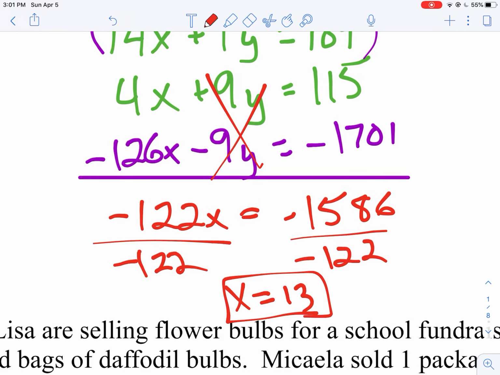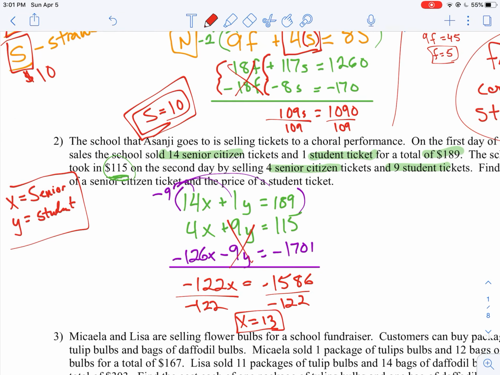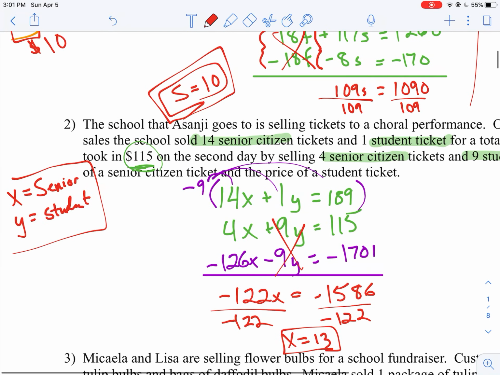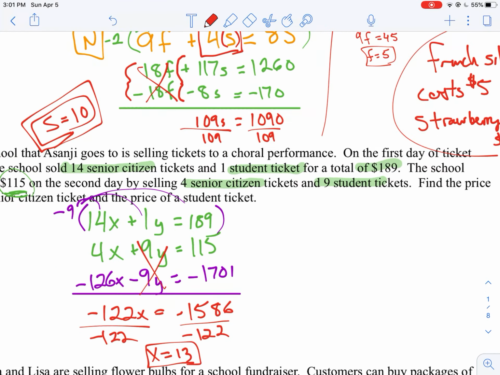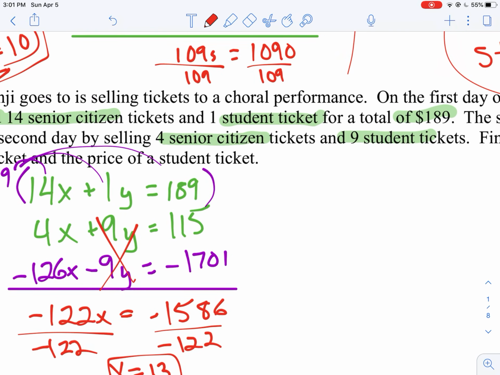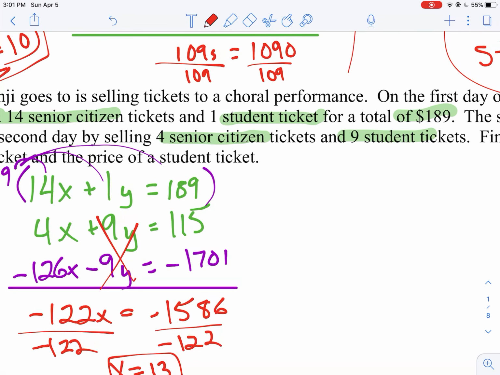What does that mean? What does x equals 13 mean? Well, let's look back at my labels. That's the cost of the senior citizen ticket, so those will be 13 bucks. Now that we know that, we can choose either of our originals. Let's go ahead and choose the bottom one. Seems easy enough.